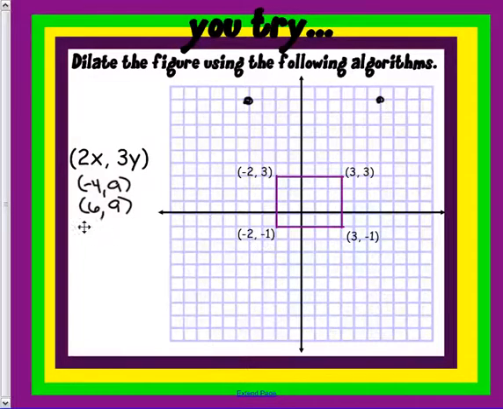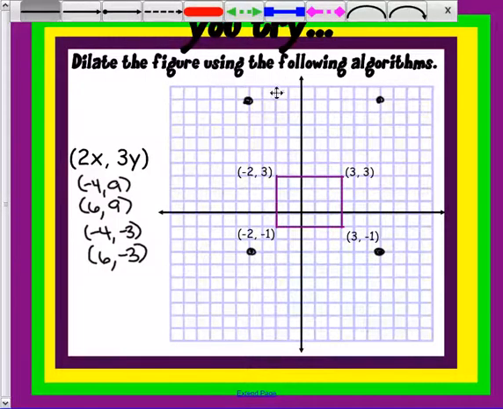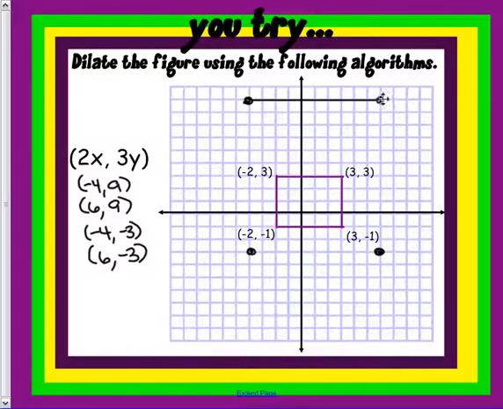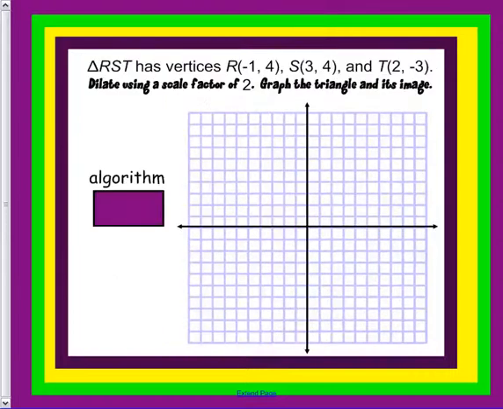This one would become a negative 4 and a negative 3, so back 4, down 3. And this one would become a 6 and a negative 3, so over 6 and down 3. And then we of course draw our lines, and that right there is the dilation of 2 times x and y times 3.